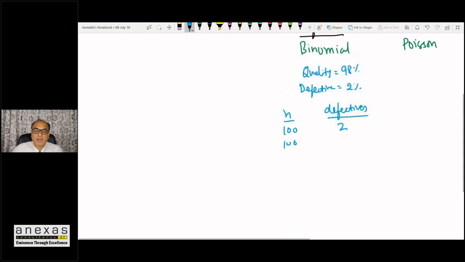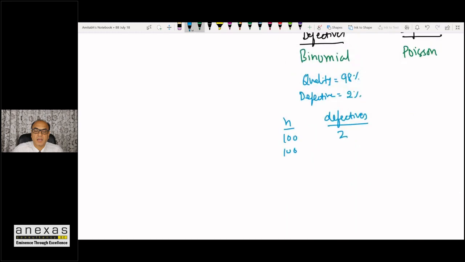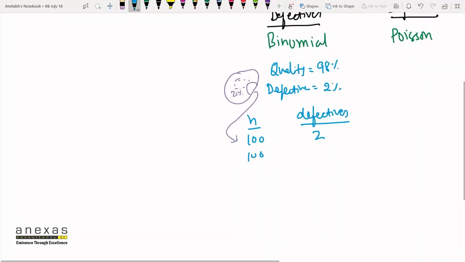Even though the population is 2% defective, it's not that every time I will get 2. If I collect 100 samples from this population, sometimes I will get 1, sometimes I may get 0, but most of the time I'll get 2, sometimes 3, even 4, and so on.